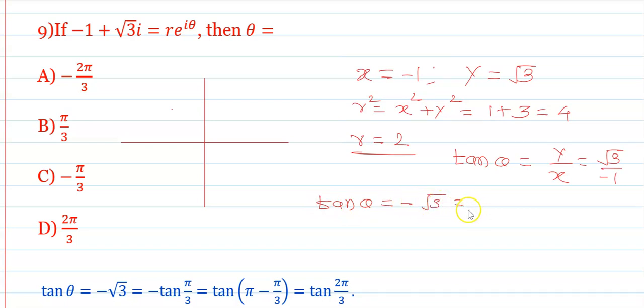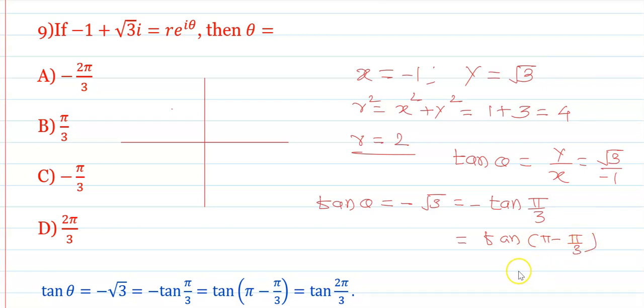But for what angle is the value of the tan ratio root 3? That is nothing but tan of pi by 3. And again this can be written as tan of pi minus pi by 3.